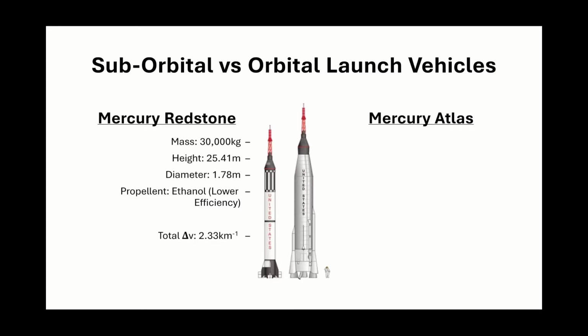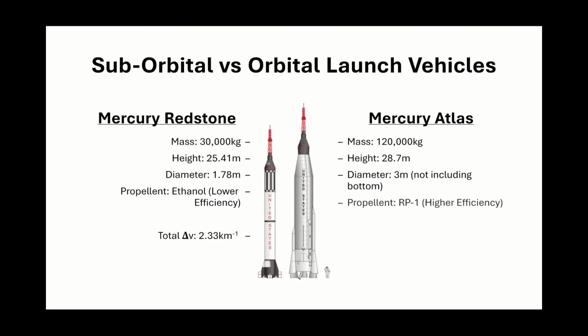Now, the Mercury Atlas differs. Its mass is 4 times greater at 120,000 kilograms. Its height is a bit bigger, at 28.7 meters. Its diameter is around 3 meters, but this is not including the bottom bit where the engines are, which is a bit bigger.